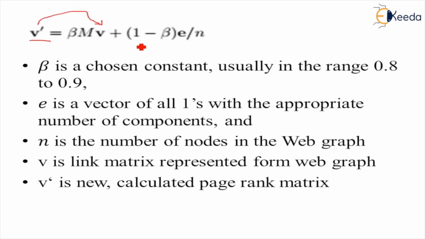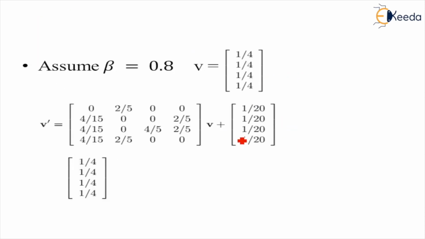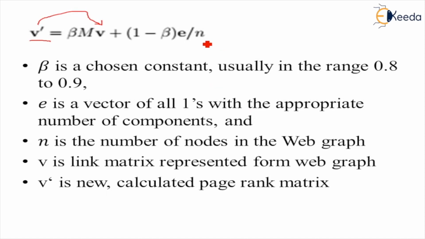our formula says (1 - beta) e/n. We know this matrix is all ones. 1 minus beta means 1 minus 0.8, we get 0.2, and 0.2 means 1/5, and we know that the number of nodes n is 4.